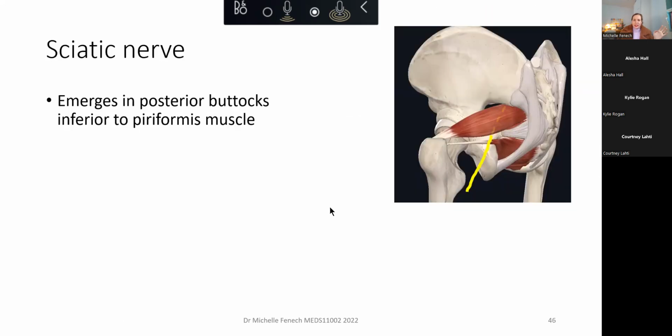It runs from the spine, comes out anterior to the piriformis muscle, and then once it gets to the bottom level of the piriformis, it's going to run posterior to a whole lot of other muscles down the back here. So it's like a little exit point of the pelvis at the inferior margin of the piriformis muscle.